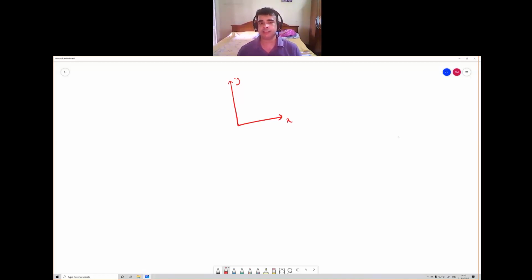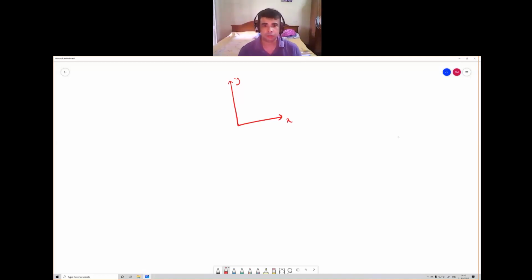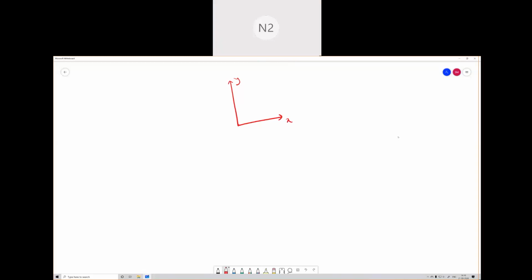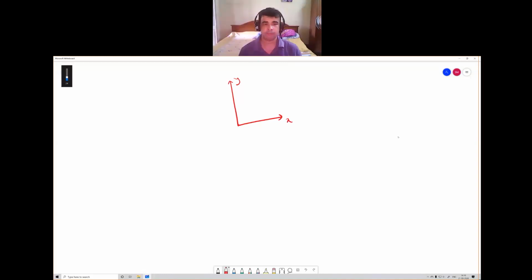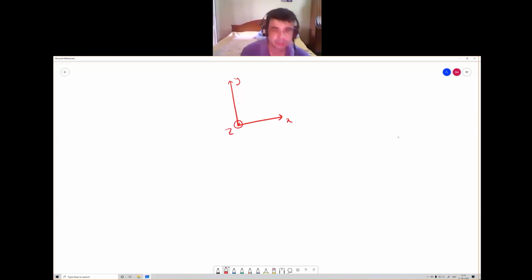If x and y are like what I have drawn, z will be towards your screens or away from the screens? Exactly, coming out from the screen.